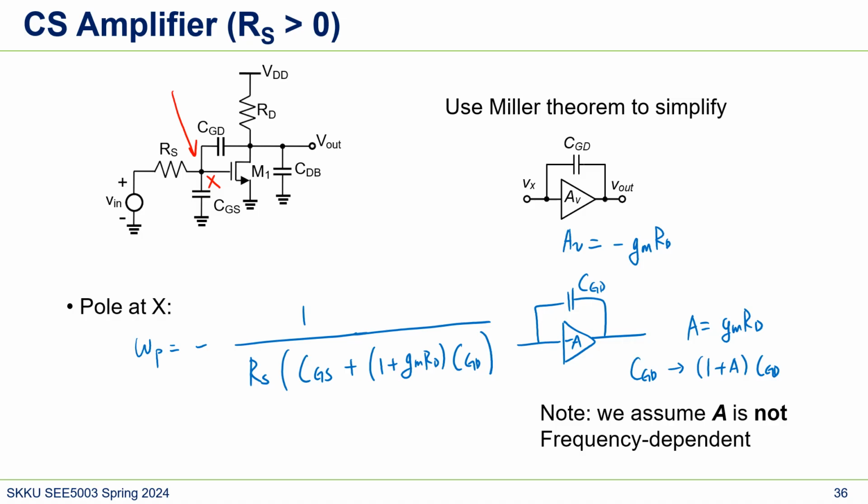Here's some assumption. First, A is not frequency dependent. It makes sense because what we're looking for now is pole 1, the first pole. So our gain looks like this.